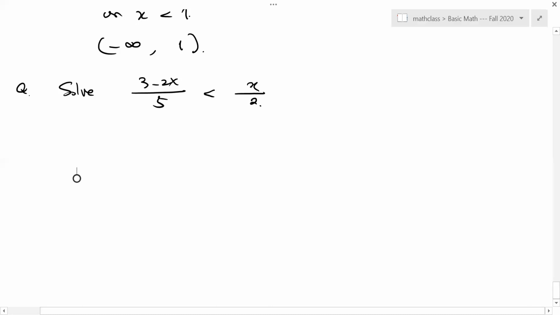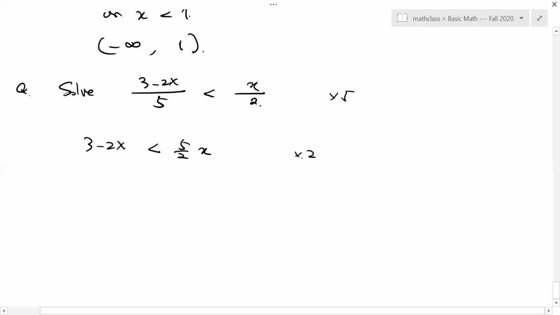So first step, you multiply both sides by 5. You get 3 minus 2x less than 5 over 2 times x, right?